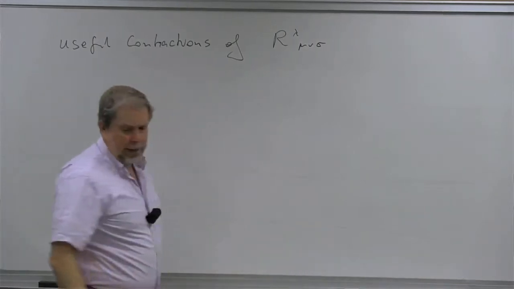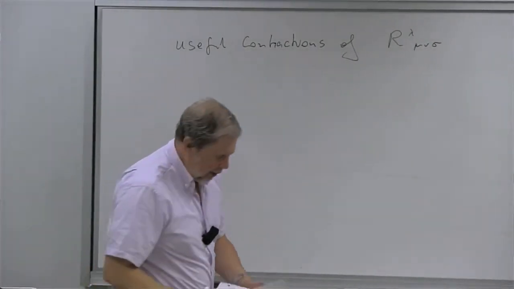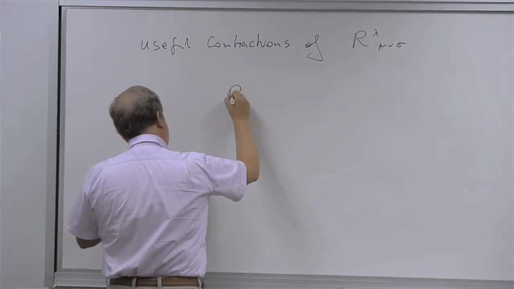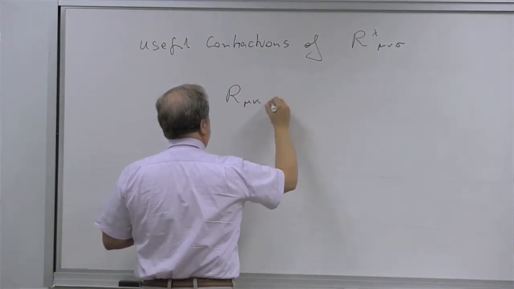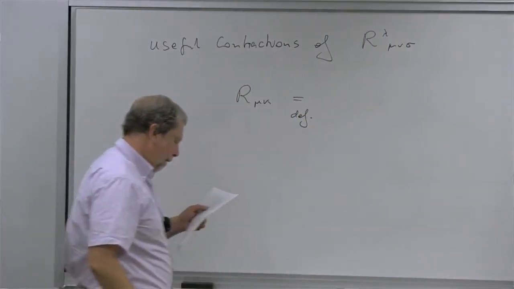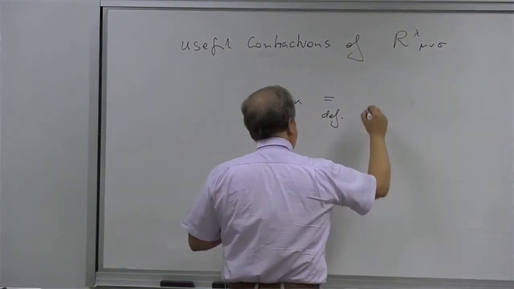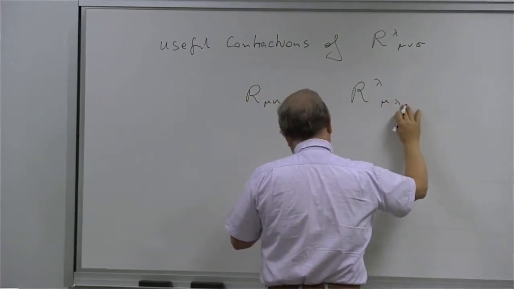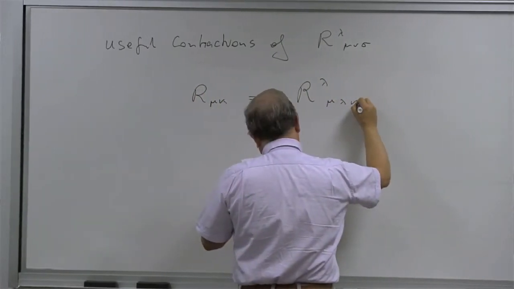And the first one that one can do is contract indices in the following way to define R mu k as R lambda mu lambda k.